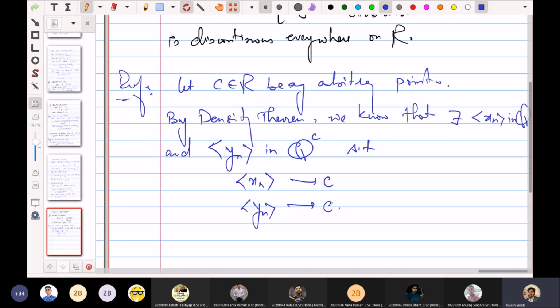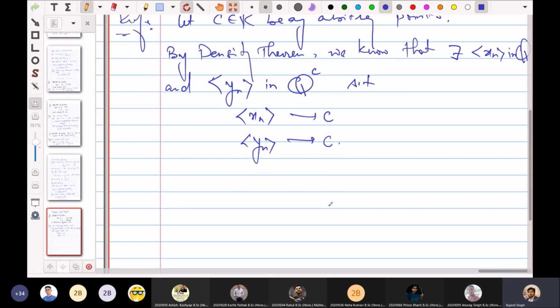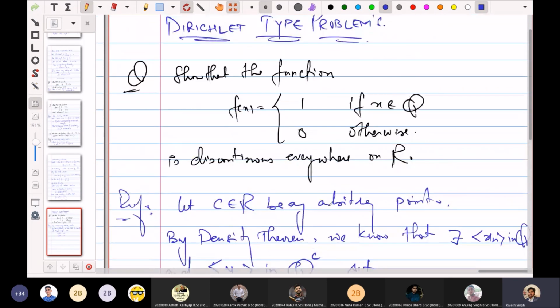So we have two sequences, एक rationals के एक irrationals के, both converging to c. So this is by density theorem. What next?